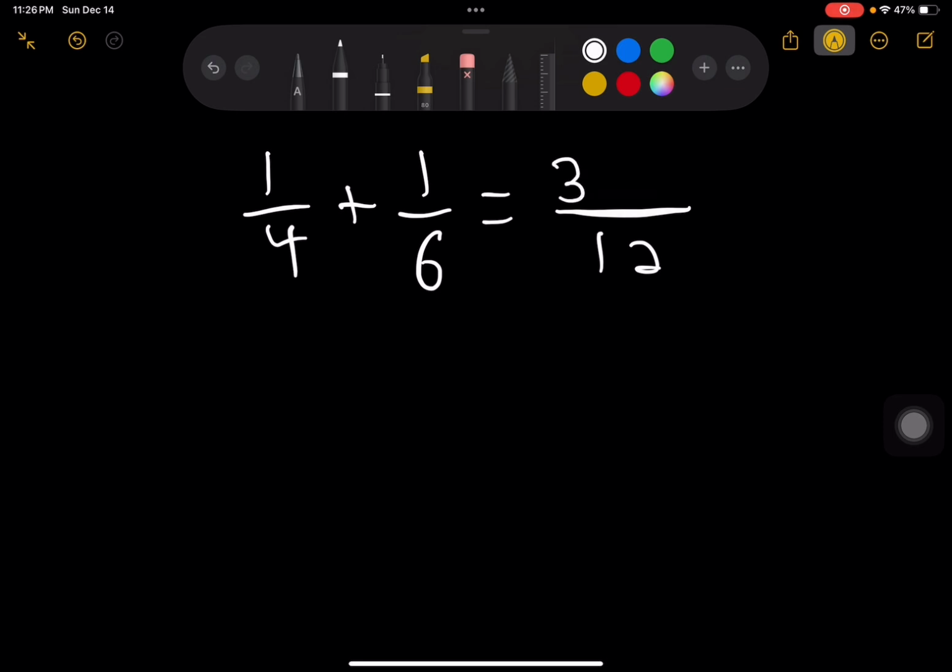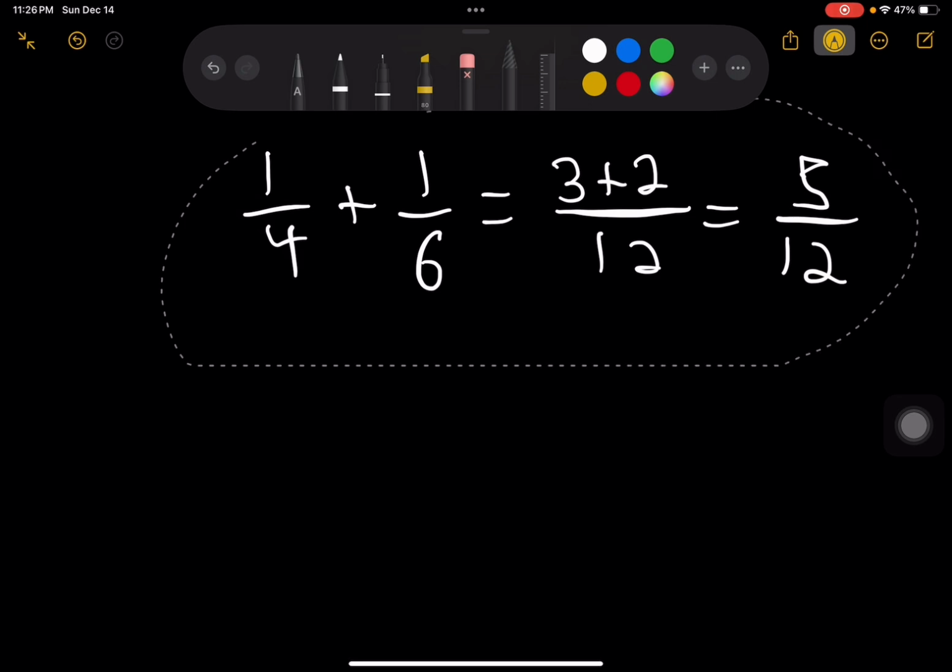So take that 3 and add it with the amount of times it took us to get to 12 with 6. So 6 times 2. 6 times 2 is 12. So now what we do here is 3 plus 2. And that gives us 5 over 12.